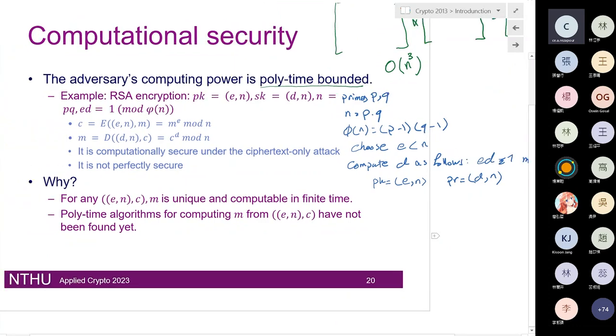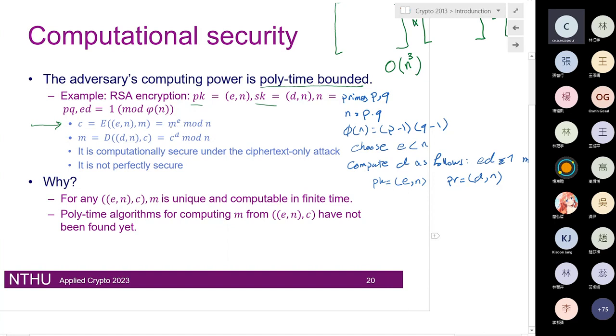So now that we have the public key and the secret key or the private key, we can go ahead, and this is the encryption algorithm. For encrypting a message, we take the public key, and then we take m, we raise m to the power e, and we compute mod n. Mod n here means the remainder of this equation.